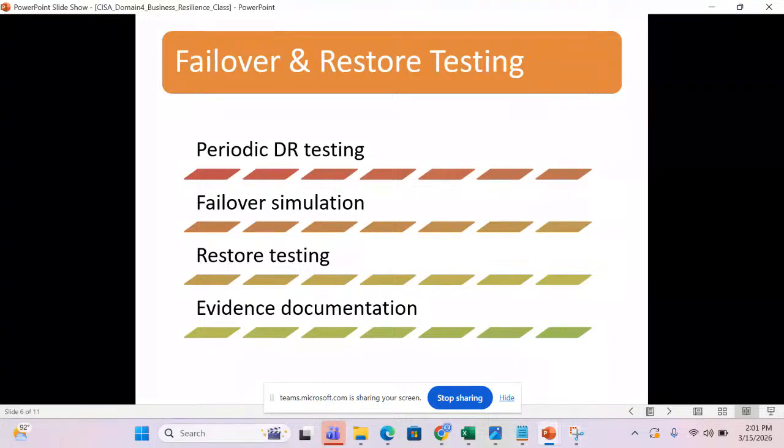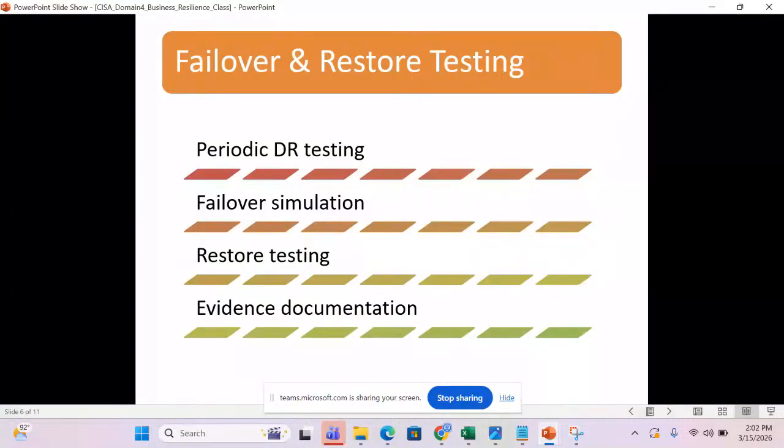All right. So under this area, we need to look at 4 areas, which are periodic disaster recovery testing, failover simulation, restore testing, and then evidence documentation.